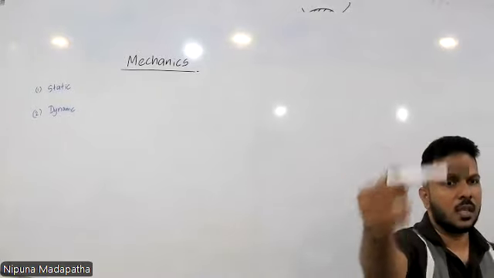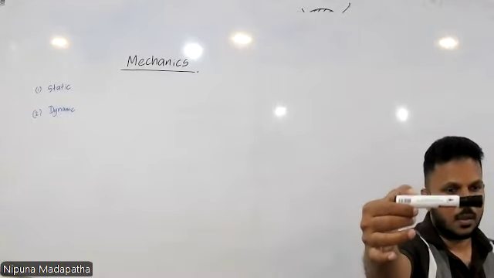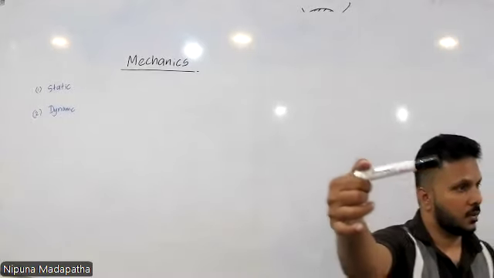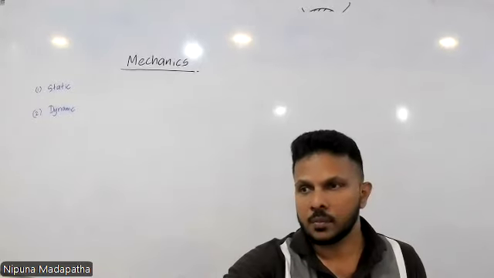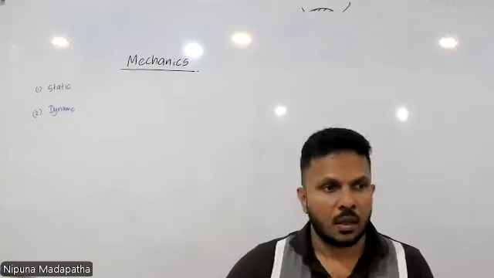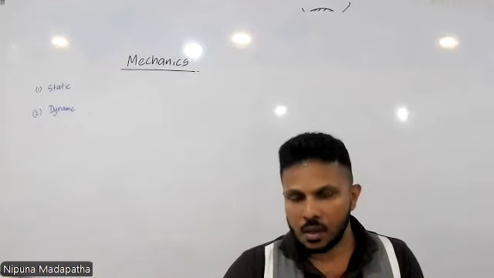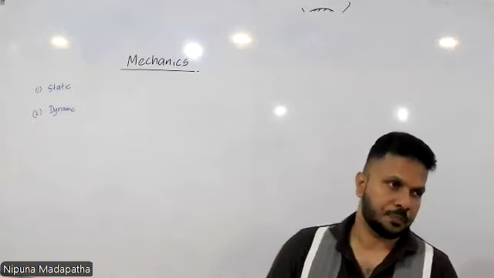We say this object is in equilibrium. Why is it in equilibrium? Center of gravity, equilibrium, resolving forces, resultant of forces: those things we are going to study in the statics part.